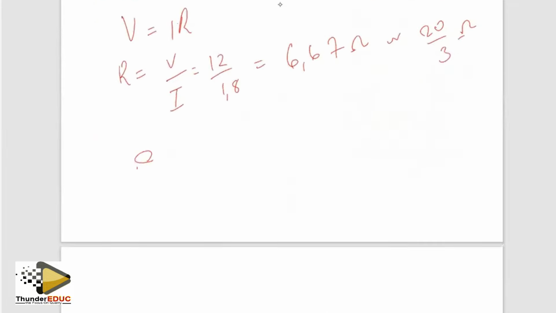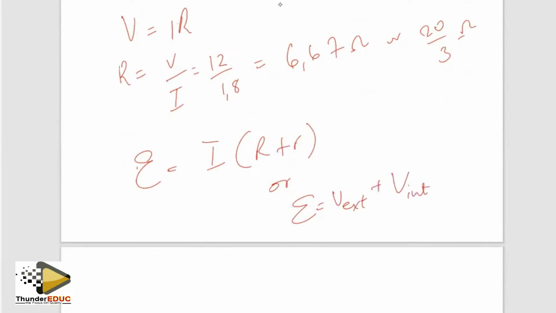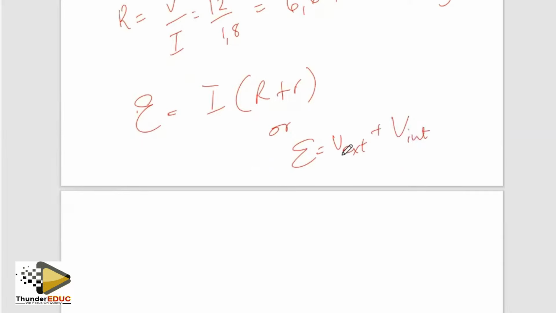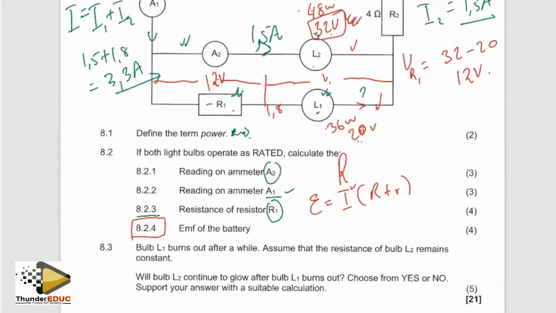EMF is I into R plus small r, or EMF is V external plus V internal. For the V internal, I'll just get my current multiplied by the internal resistance. For my V external, I still have to calculate the voltage.